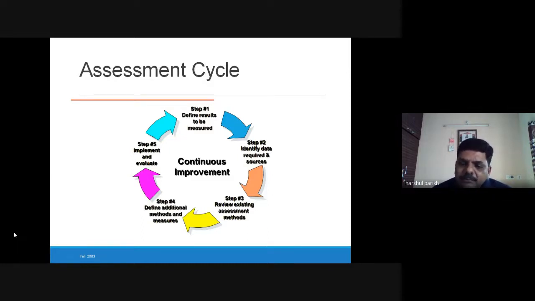Identify the data sources, review that data, review the existing assessment method you are employing. If needed, additional methods or measures are to be taken, implement that, and again go to step 1. So the assessment cycle must be for continuous improvement in the learning process.